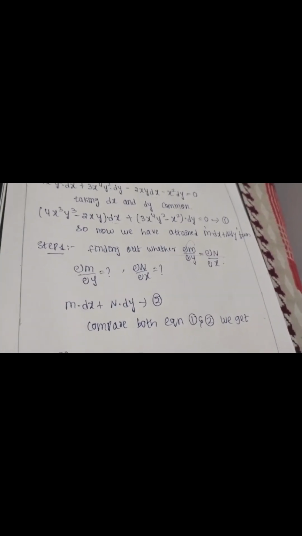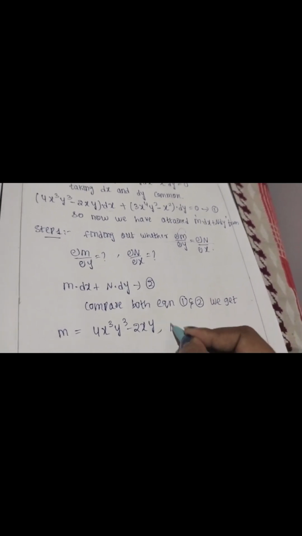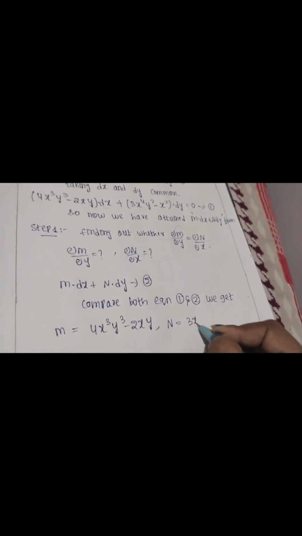Comparing both equation 1 and 2, we get m and n values: m is equal to 4x cube y cube minus 2xy, and n is equal to 3x power 4 y square minus x square.